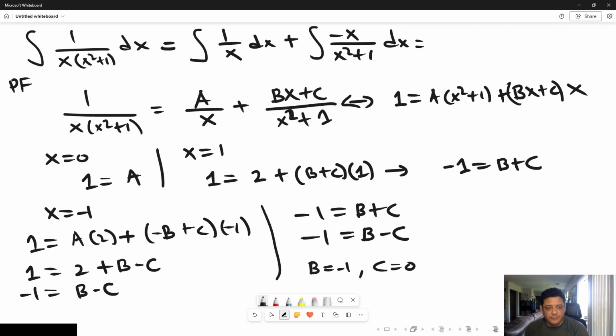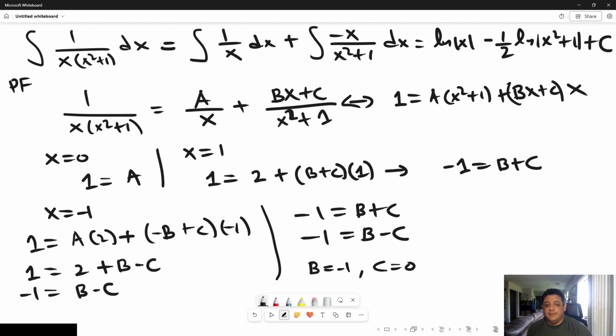The first one is log of absolute value of x, and this one is going to be minus, and if we use u equals x squared plus 1, then du is going to be 2x, so we're going to get a 1/2 here. So this is going to be minus 1/2 log of x squared plus 1 plus c.